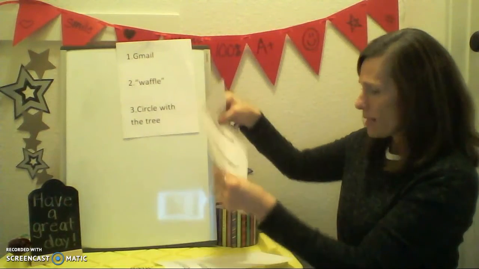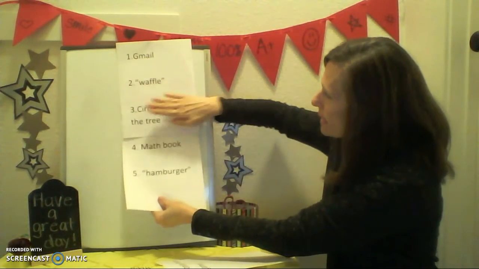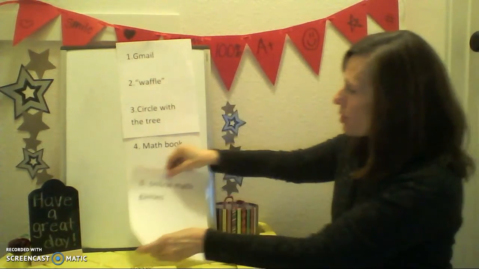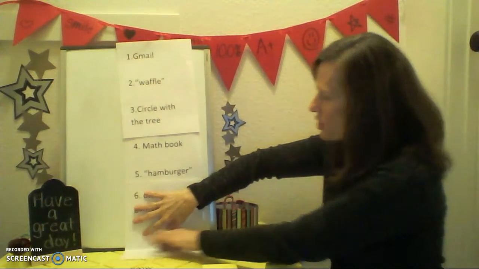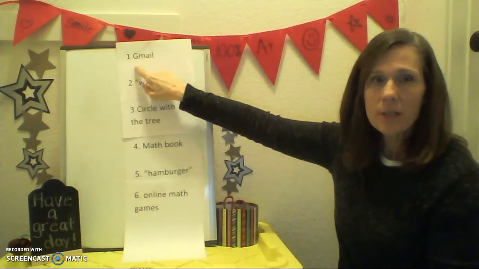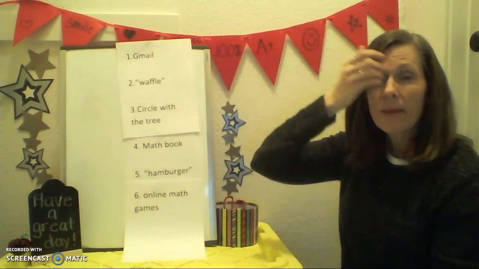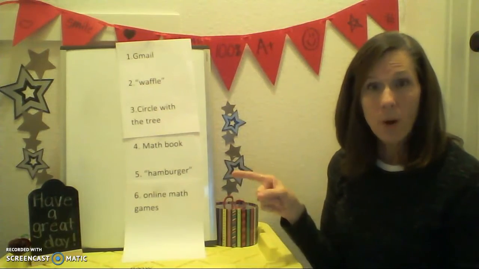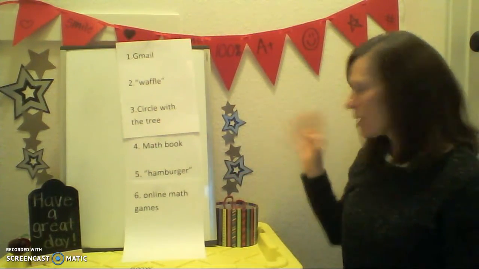Okay, so I just did it in our 6 steps. And so the first thing that you need to do is you're going to need to log onto your Chromebook, right? And then you're going to click on your Gmail, right? Then after your Gmail, you're going to go over to the waffle, which is in the right top corner, right?